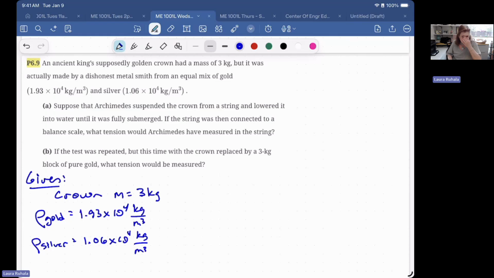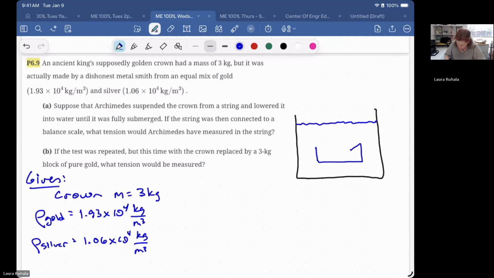I'm not going to write down what we need to find and everything. Okay, let's do a free body diagram, I guess it is. Yeah, let's actually do a free body diagram of the crown in the water held up by a string. So here's my crown, some sort of crown shape.